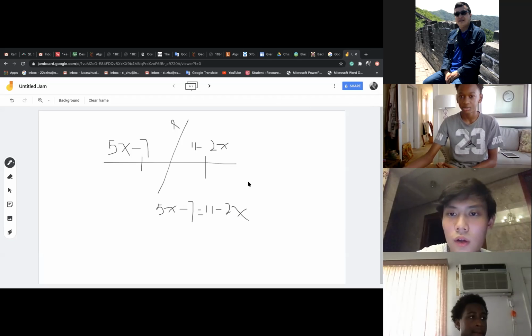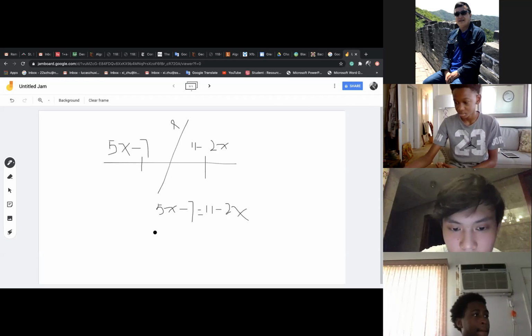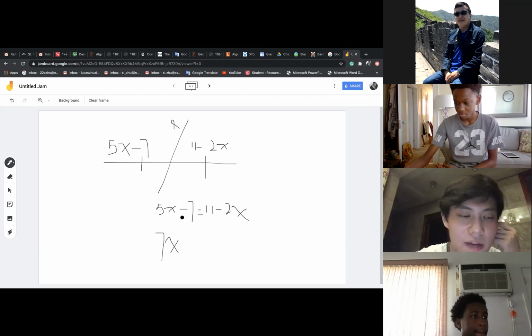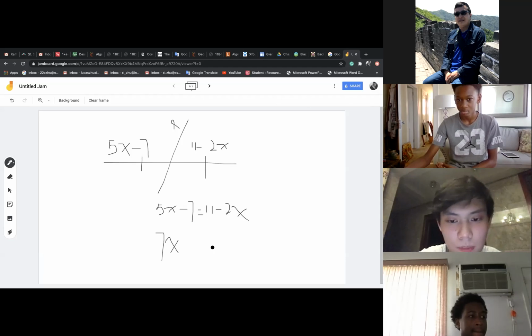Add 2x to both sides, so it becomes 7x on this side. Then you add 7 on both sides, so it equals 18 on this side. And now you're just going to divide.